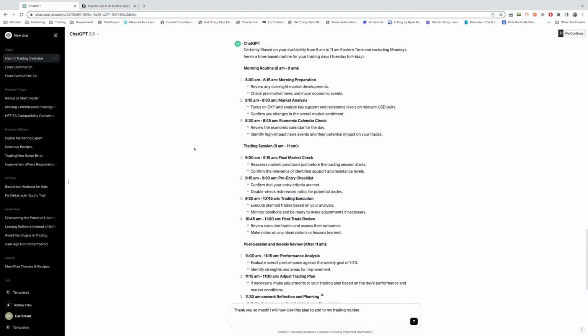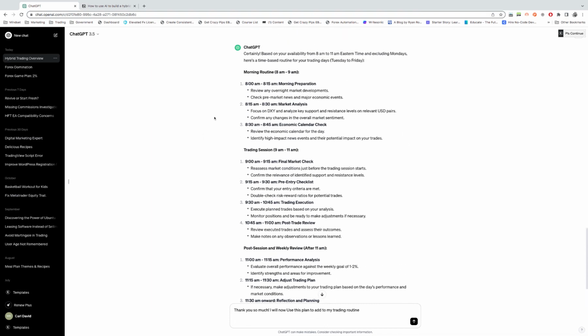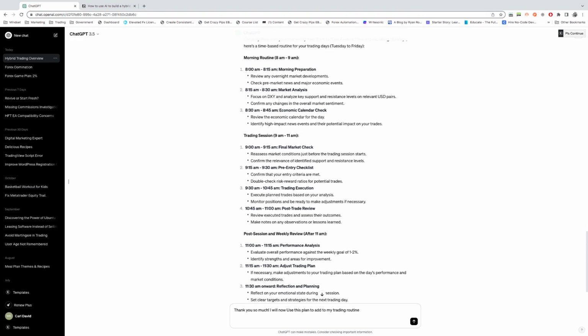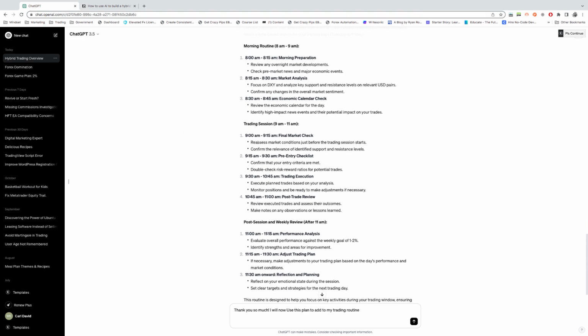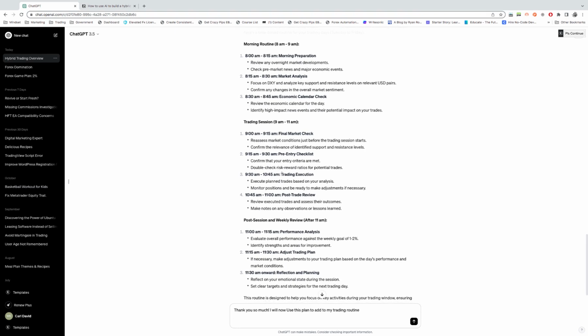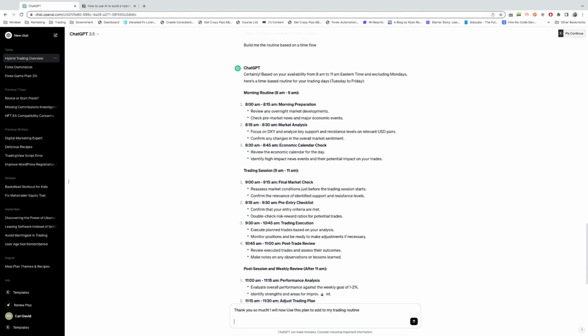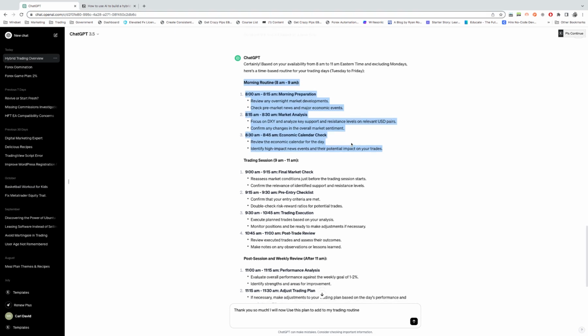So based on the times that I told it I have available, based on the goals that I placed inside of here, based also on my risk tolerance, this system just built me a custom hybrid trading plan that if I follow just psychologically, just follow the simple routine here, I'm already winning.